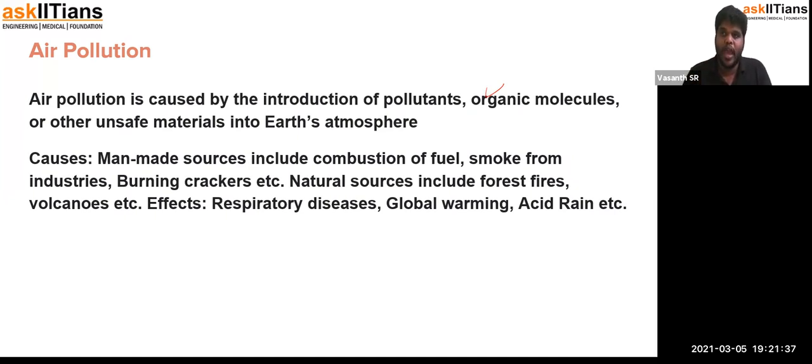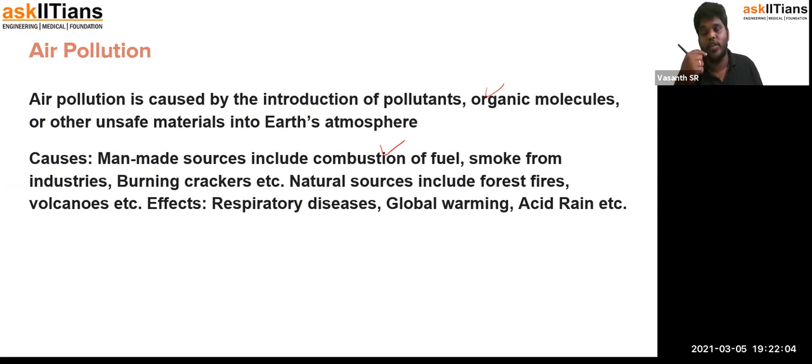Air pollution is usually caused by living organisms around us, especially human beings. We are totally lethargic and irresponsible in most cases. I clearly accept that, and we have to be very careful when performing all these functions. For example, combustion of fuel. We need to be very careful with combustion of fuels.